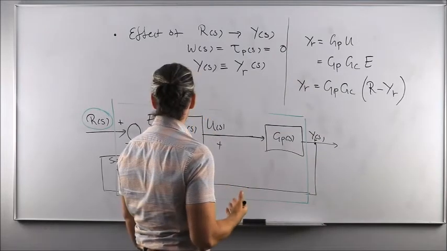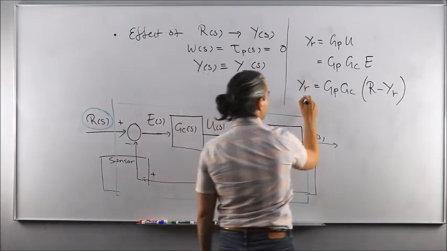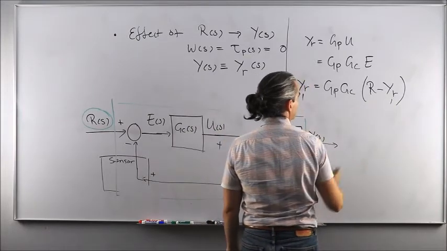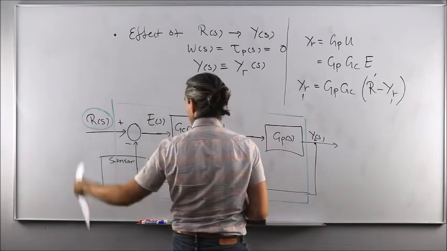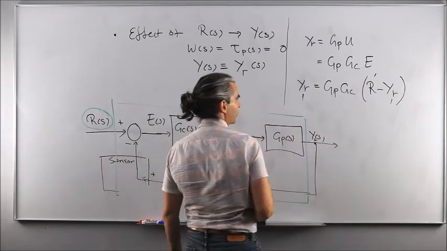And it turns out I have all the signals I need, those two and that one, to establish the transfer function between this input and that output.